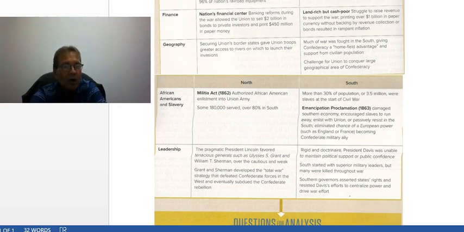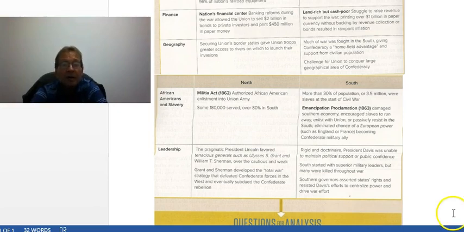The moral cause is now on the northern side. The war aims at the beginning, to preserve the Union, to preserve this country that was founded in freedom and equality, is now expanded into a war to end slavery.